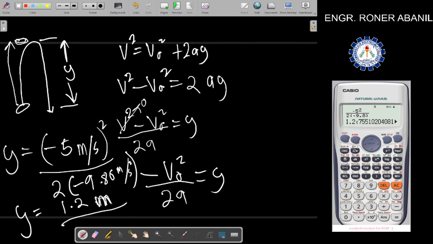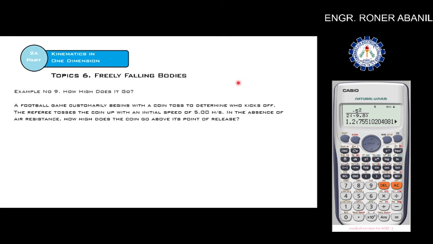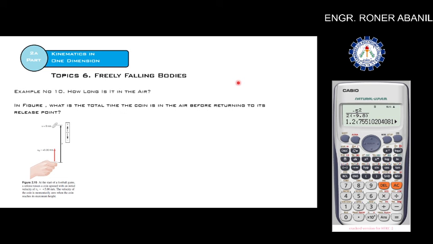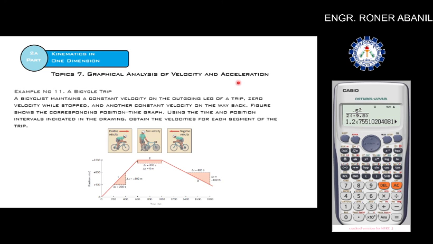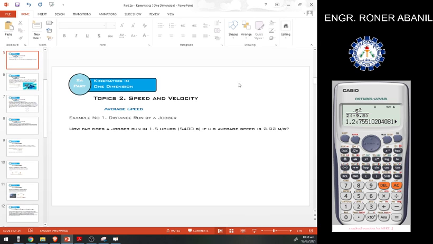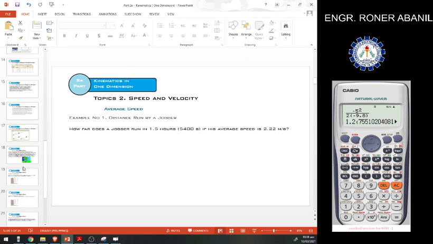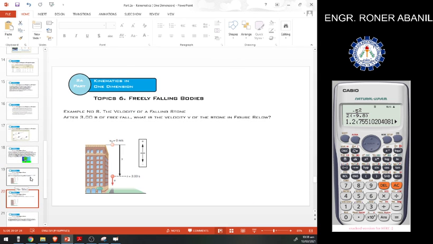Layo nung pagka-toss. 1.2 meters. So, yun yung final answer natin. Okay.